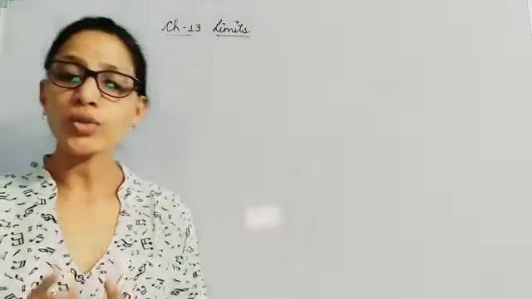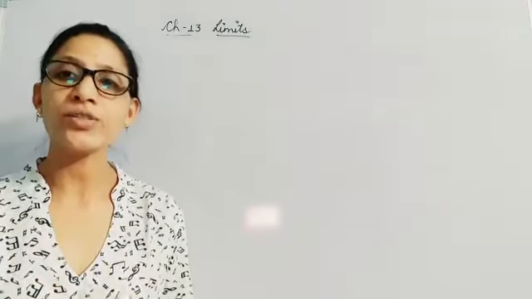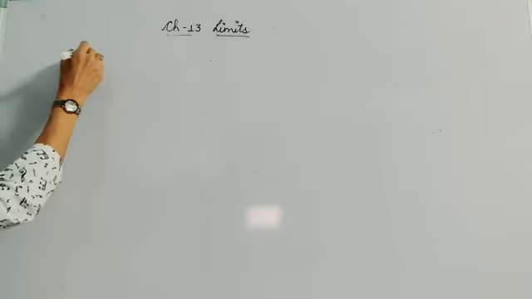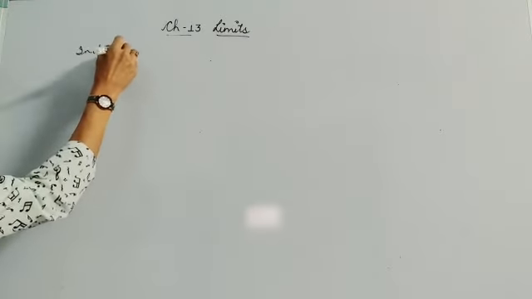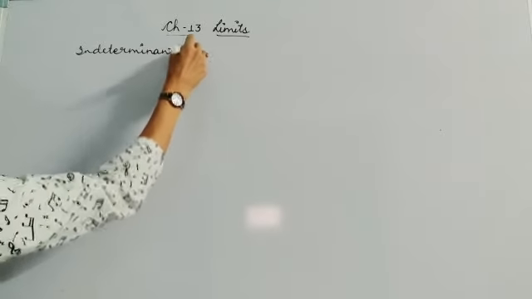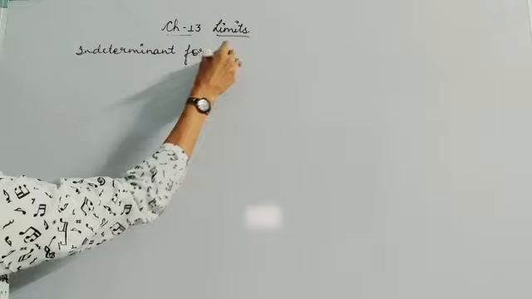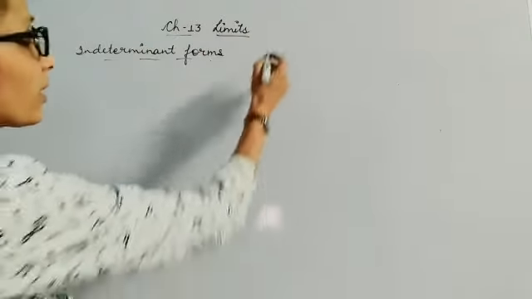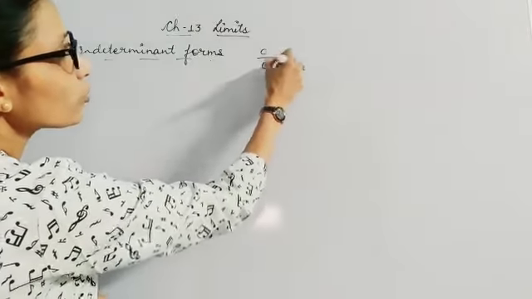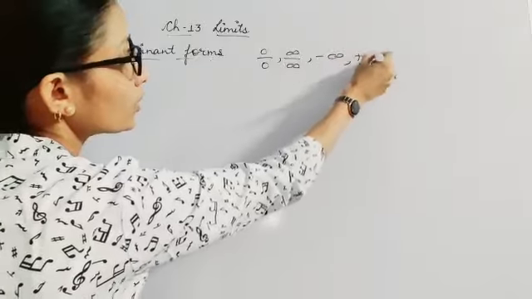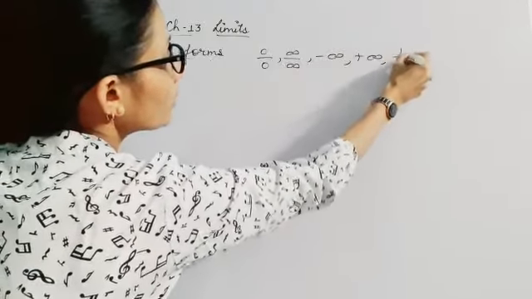Have a look. Now, before moving on to the standard results of limits, let us define indeterminate forms. Indeterminate forms are those forms which are not defined, which cannot be defined, and the forms are 0 by 0, infinity by infinity, minus infinity plus infinity, or 1 by 0.